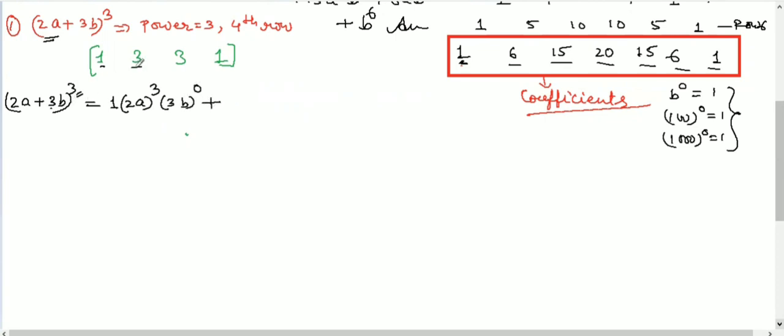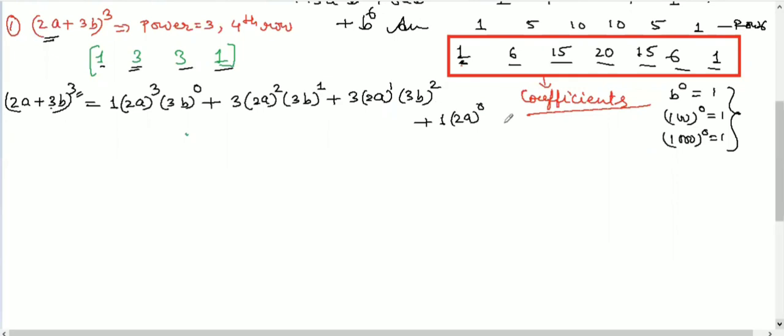Then plus, the next coefficient is 3, multiplied by 2a, the power decreases by 1 every time, so 3 becomes 2, and multiplied by the second term, whose power increases by 1 each time. Then the next coefficient is 3 again, so 2a to the power 1 and 3b to the power 2, and the last coefficient is 1, 2a to the power 0, and 3b to the power 3.